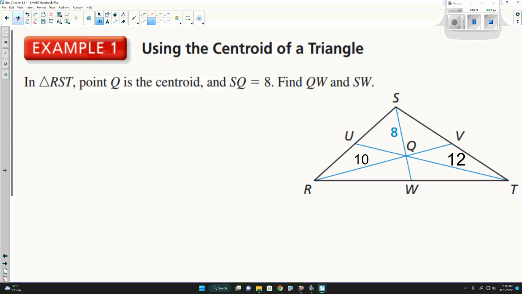So if we look at the first example, I added two other lengths in, so we'll go on and find the rest. They tell us that SQ is equal to 8, and Q is the centroid. So we want to find QW, and we also want to find SW. Now, is QS the big length or the small?